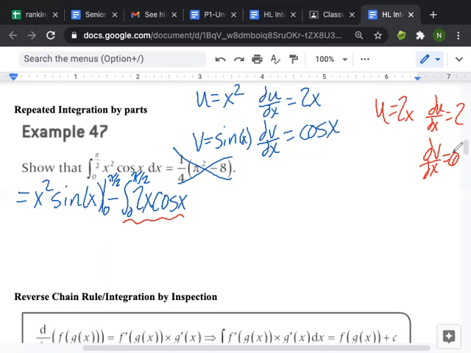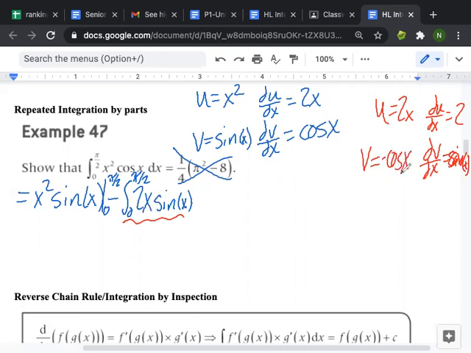Sorry, that should say sine of x. So then this one would be sine of x over here. And that means that my v is then, if I were to integrate sine of x, I end up getting negative cosine of x.